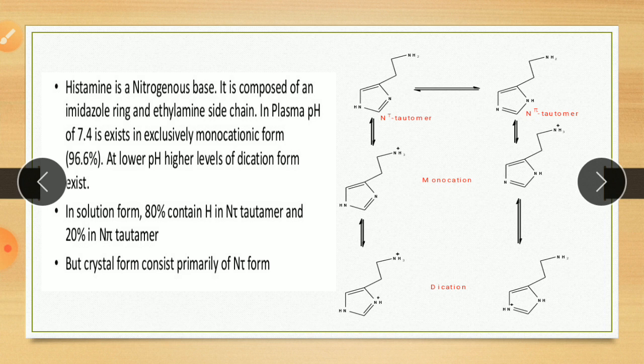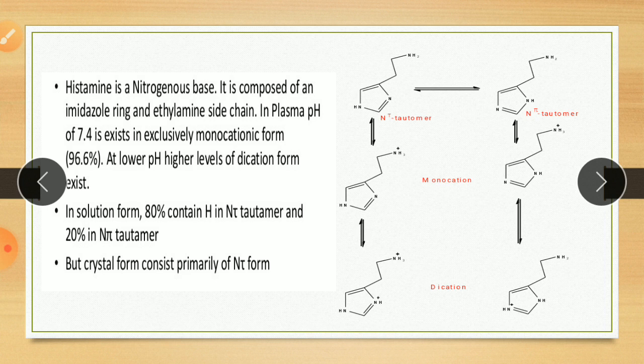So histamine exists as a mixture of ionic, meaning containing charge, and uncharged tautomeric species. Histamine exists almost exclusively, 96%, as a monocationic conjugate species. Monocationic species means the structure which consists of one charged nitrogen.